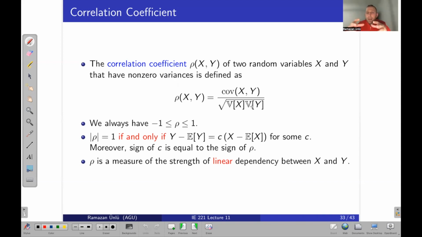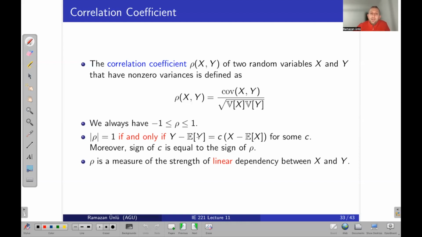The result of the correlation coefficient is always between -1 and 1. Also, the absolute value of the correlation coefficient is 1 if and only if y minus the expected value of y is equal to some constant c times x minus the expected value of x. Why? Because again, we want to measure the linear dependency.